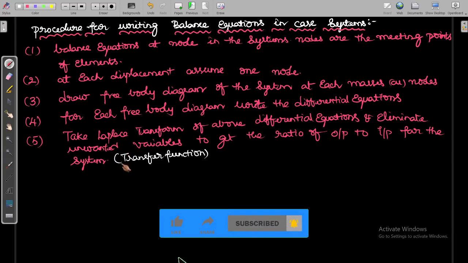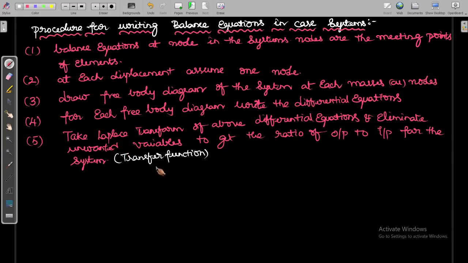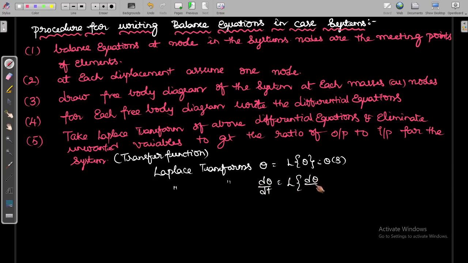Whenever you find the transfer function, these are the Laplace transform formulas we are going to use. For theta, the Laplace transform will be theta of s. The Laplace transform of d theta by dt is s into theta of s.